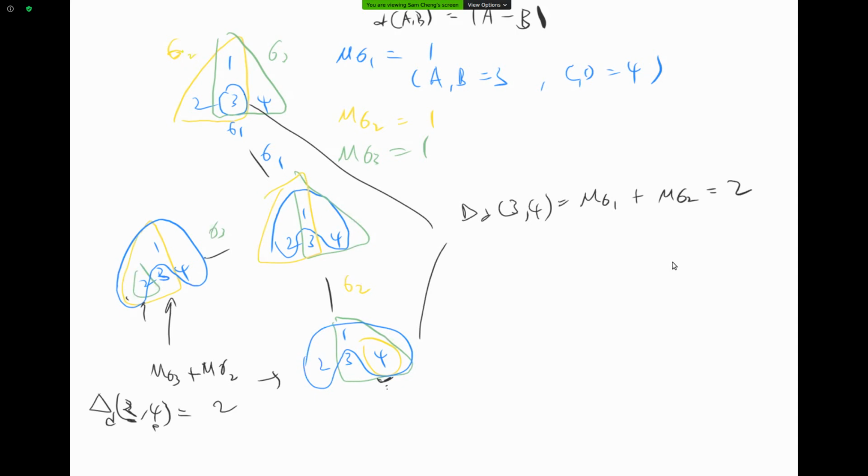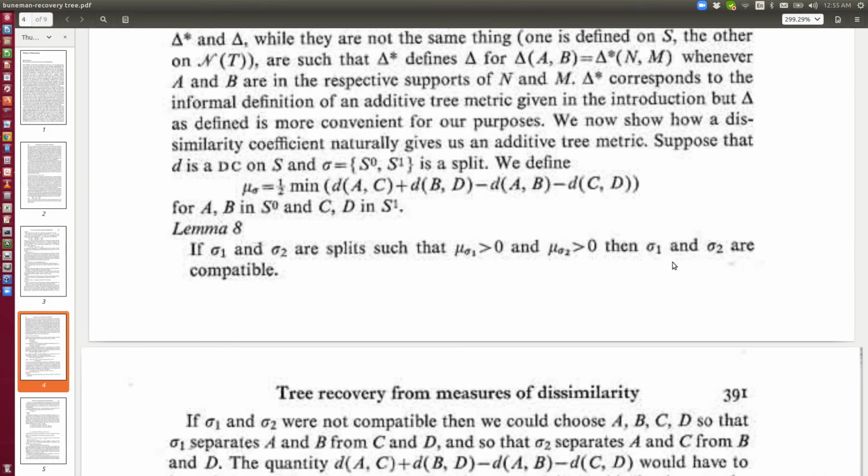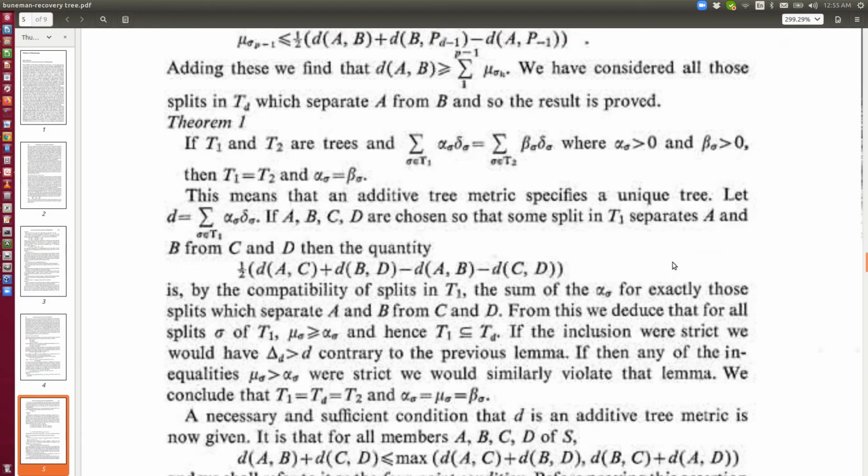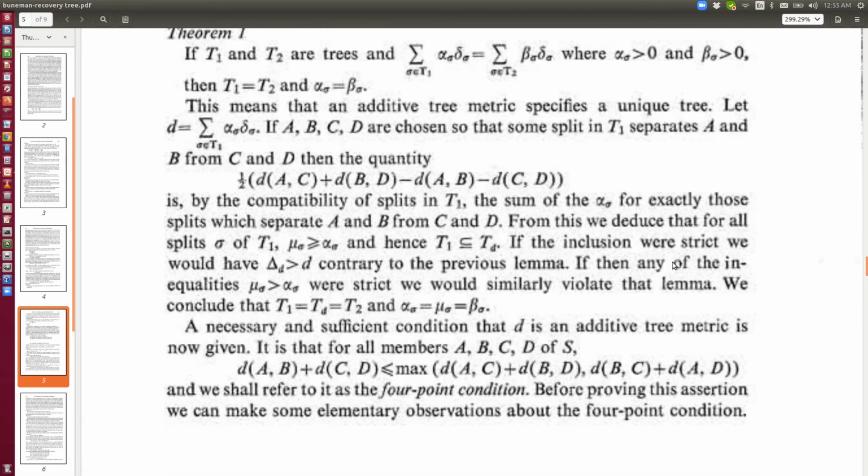So basically it's trying to show that if I'm given the additive tree metric, so Theorem 1 is here.